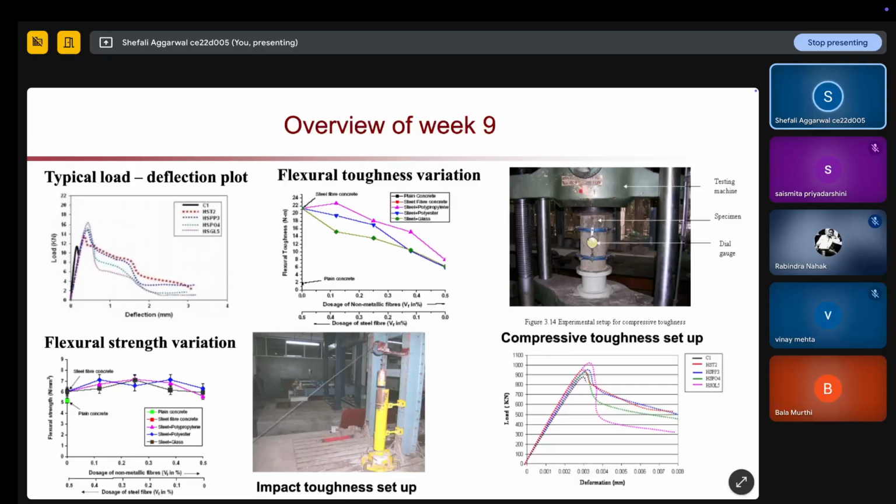So you can see how your flexure strength will change. If you talk about plain concrete, your flexure strength is approximately 5 MPa, but with the addition of any fibers, even at lower dosage itself you have a better flexure strength as compared to your plain concrete.